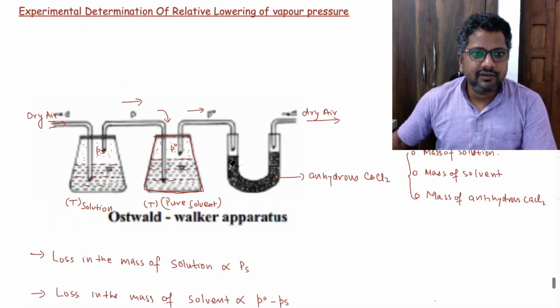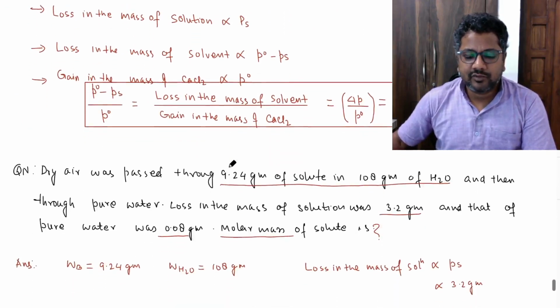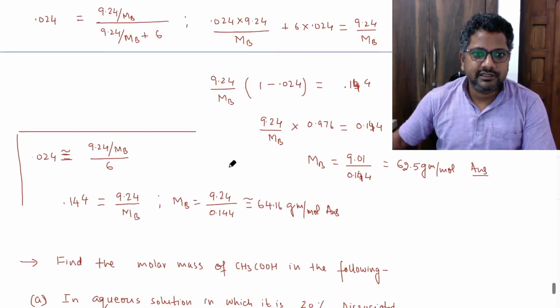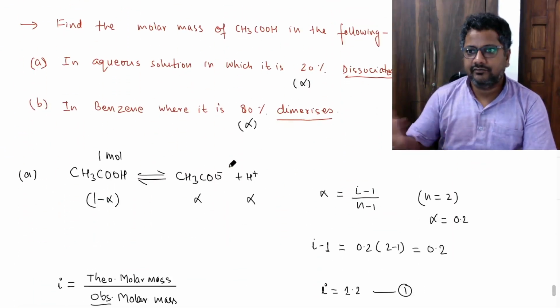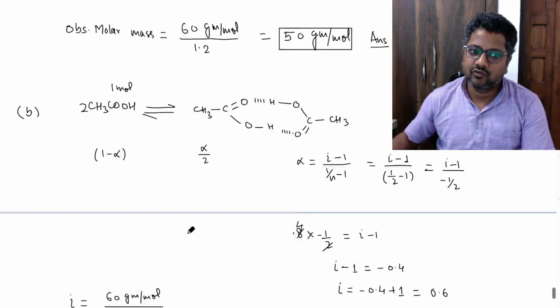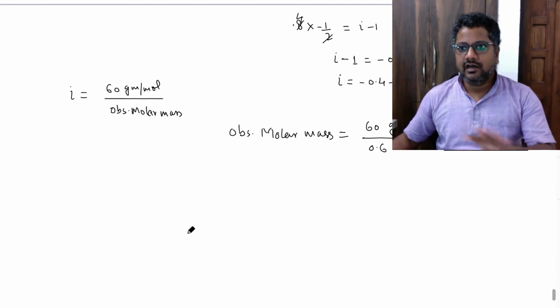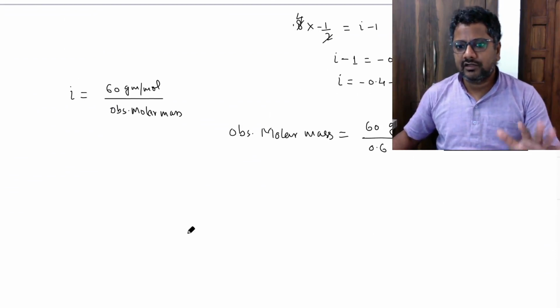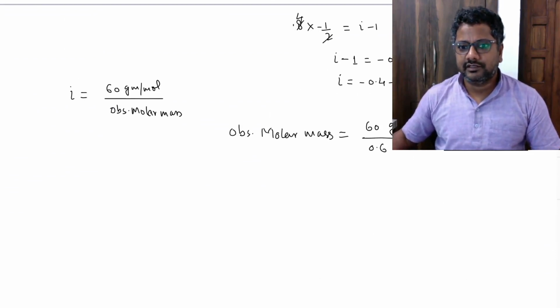One more class I will take to explain some of the problems based on this Van't Hoff factor, and after that this chapter is over, right? Now concept is over. Now one lecture I will take to solve the different type of problems, right?